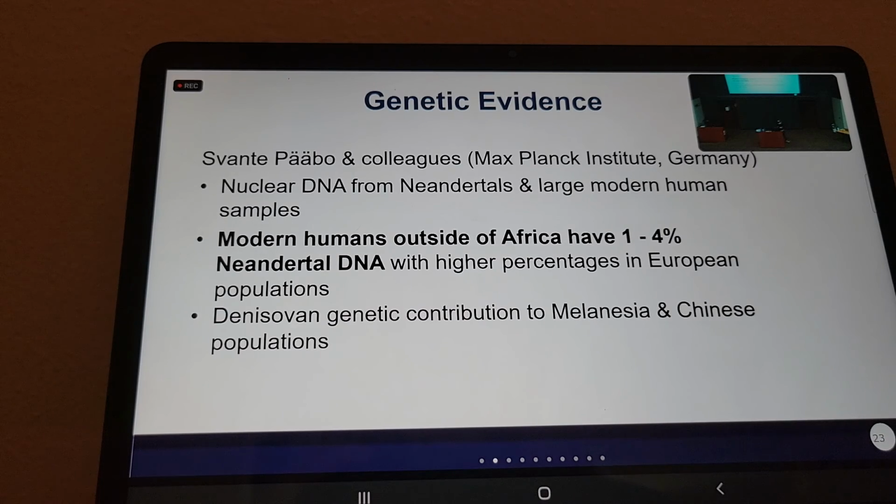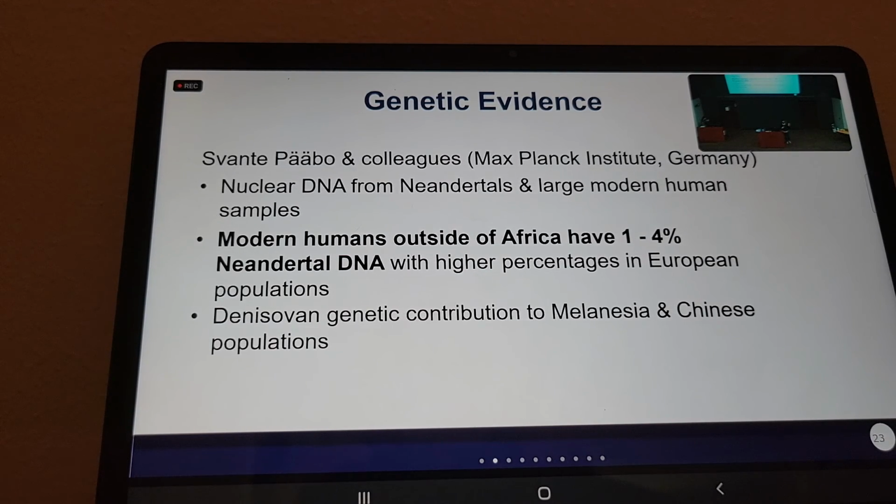Now, the genetic evidence, most recently, some of the best evidence comes from the Max Planck Institute in Germany, and they managed to sequence nuclear DNA from Neanderthals in a large modern human sample. And they found that modern humans with ancestry outside of Africa have 1 to 4% Neanderthal DNA.